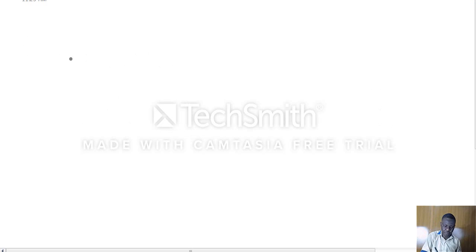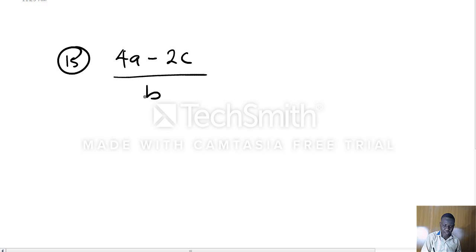Next is 15. We'll be solving all on the exercise, and question 15 is 4A minus 2C divided by B. A is 2, B is minus 3, C is 4. So substitute.